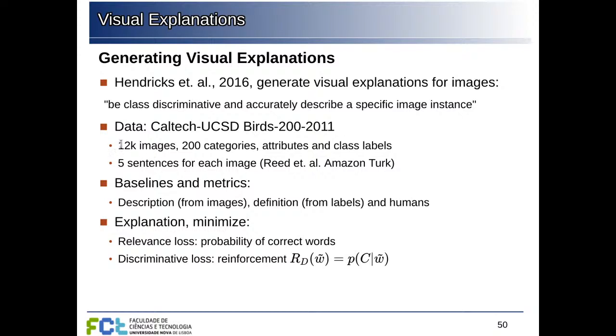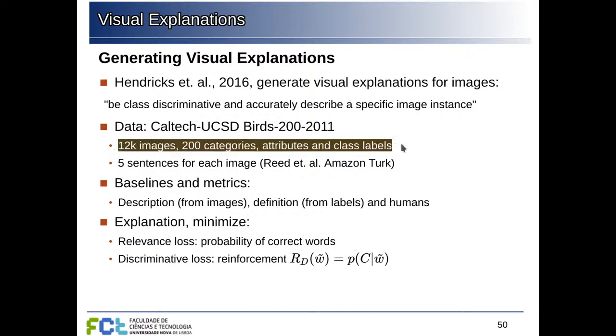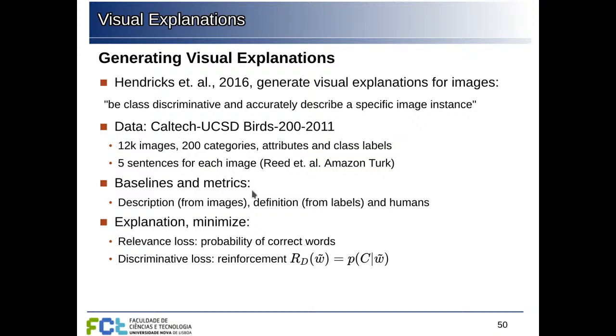We have 12,000 images in 200 categories of birds, and for each image they obtained 5 sentences describing the bird. So this was actually obtained from humans using the Amazon Turk feature that you can hire people to help label images or other data sets, and they obtained descriptions of what the birds look like for each image.